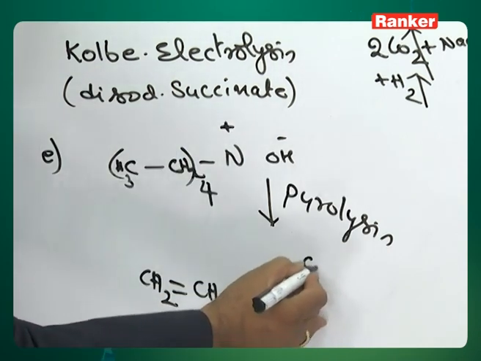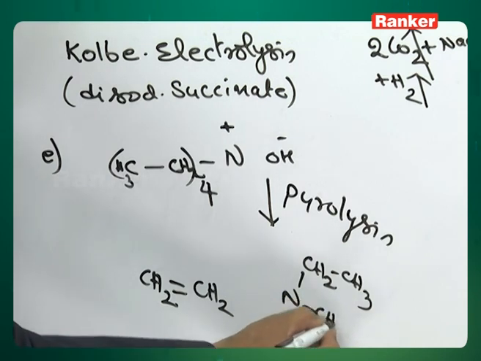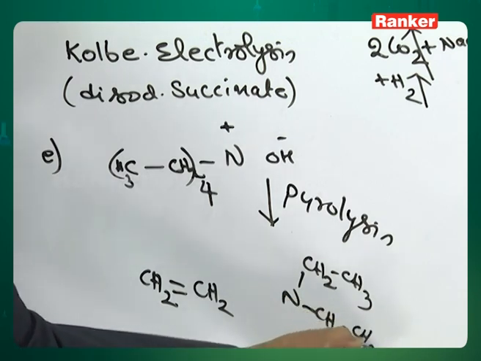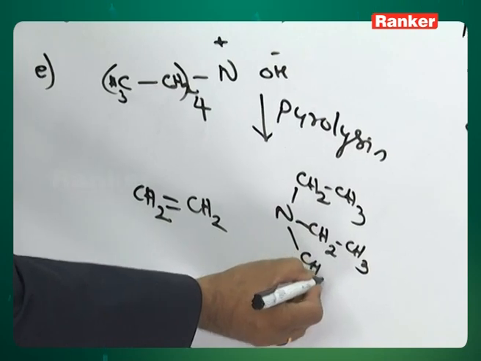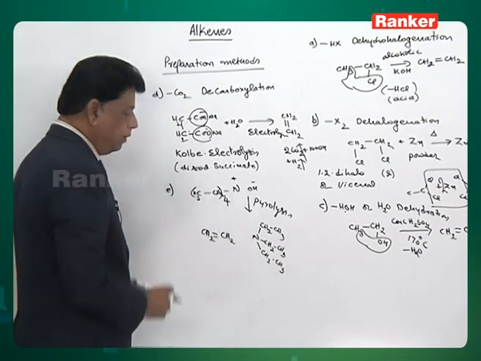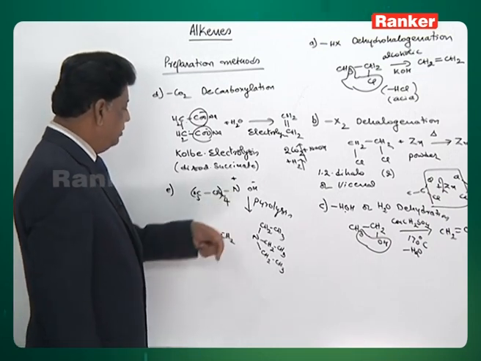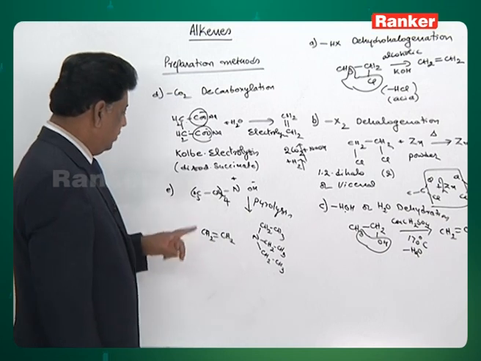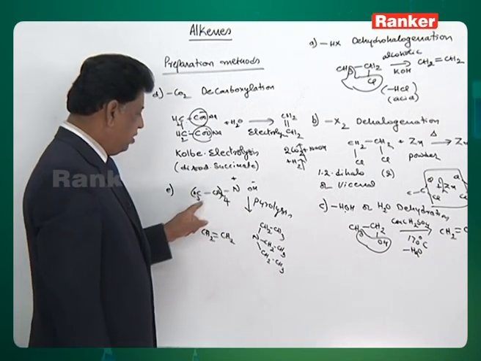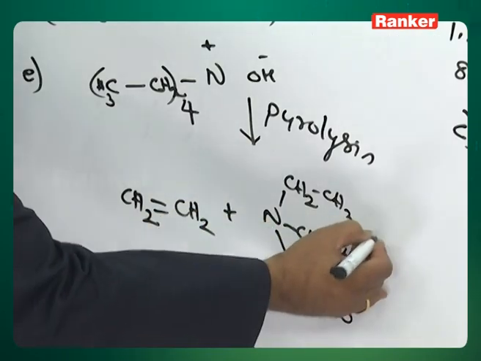With the N, you are getting the three ethyl groups, right? A neutral tertiary amine, that is triethylamine, will be detached. Out of the four groups, one group undergoes elimination, that is the amino group, and the hydrogen is dropped, or H and OH is dropped, otherwise you will get a removal of water.